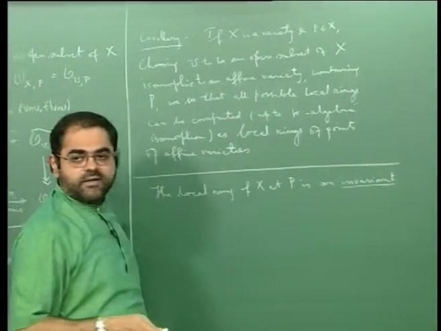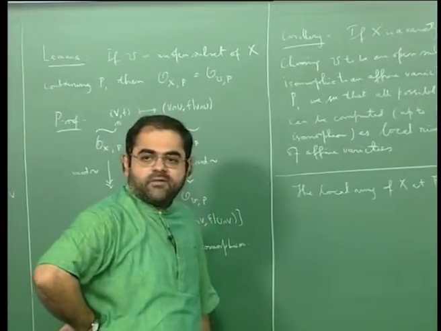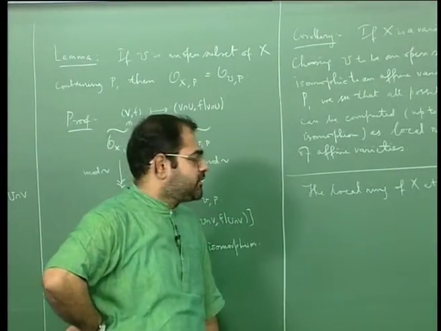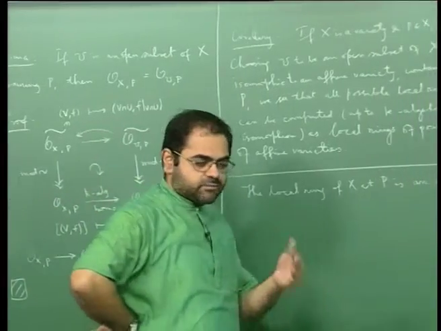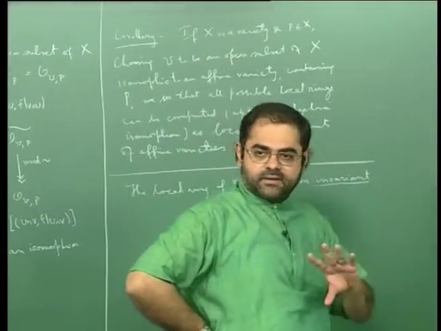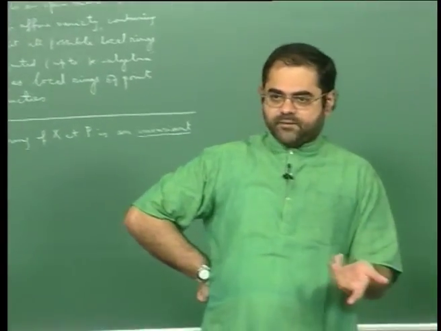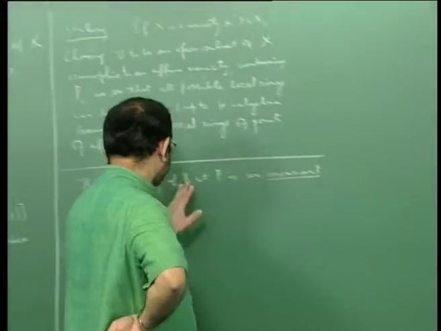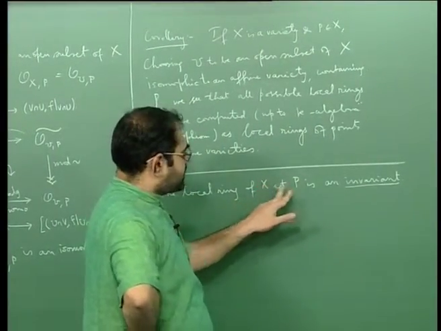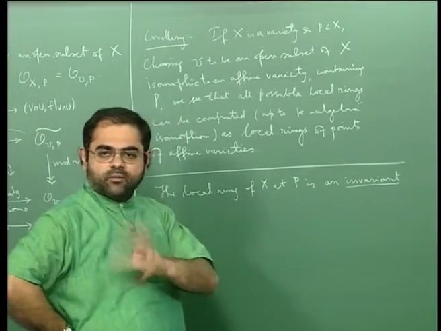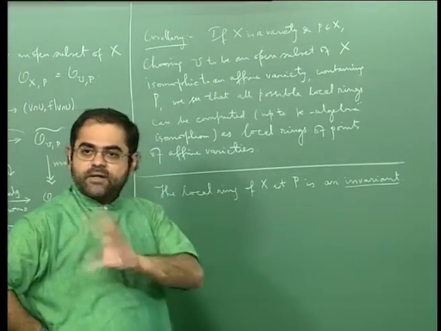So what's an invariant? An invariant of a mathematical object is something that doesn't change, or changes only up to isomorphism, if you change the object up to an isomorphism. So what I am trying to say is that if you change X and P up to isomorphism, then the local ring will change only up to an isomorphism.